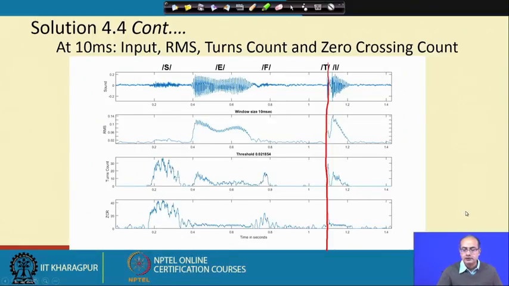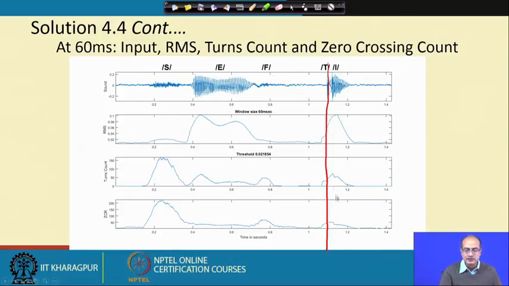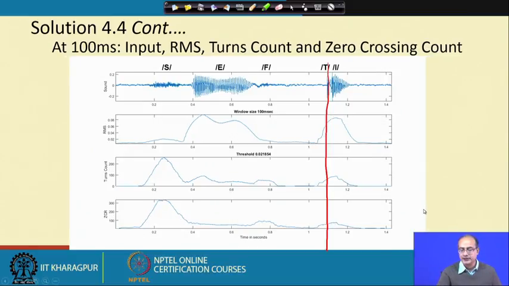Earlier, when we went for 10 milliseconds, we could get the abrupt change, and the zero crossing rate could also give that peak, and the turns count as well. But when we increase the window, we see that the height of the envelope has reduced, and the turns count and the zero crossing rate do not give that peak for T. So, it is becoming more and more smoothed out.